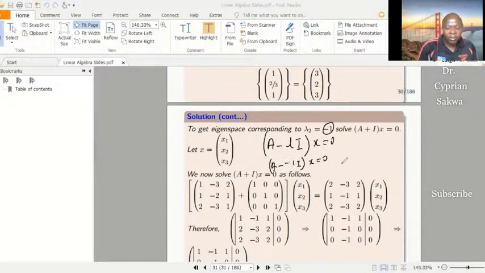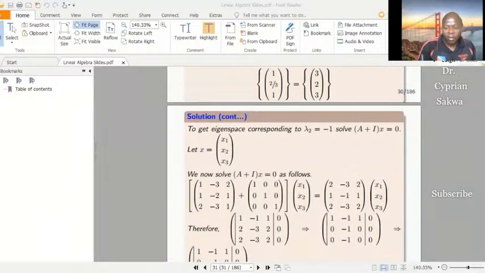Negative times negative is positive, so that is A plus I times x equals 0. That's how you see I've written A plus I. So when you add and multiply by x, from here you come straight to Gaussian elimination and apply it. You know how to use Gaussian elimination.